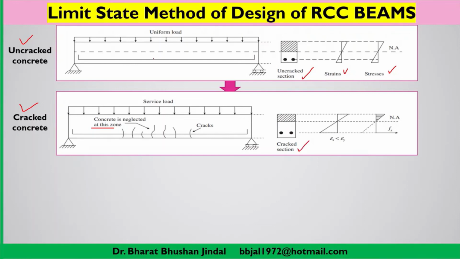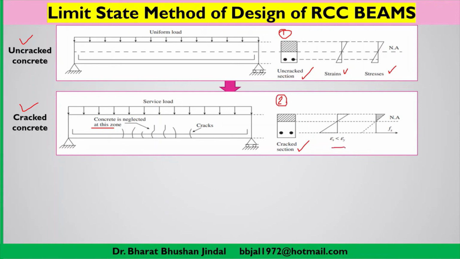Earlier, the whole of the concrete section below the neutral axis was also taking the stresses, but now since it has cracked, we will be ignoring the concrete below that. So that's why, in comparison to figure number 1, that is of the uncracked section, if you compare figure number 2, the neutral axis seems to be shifting upward.